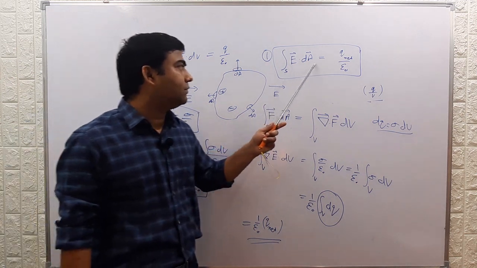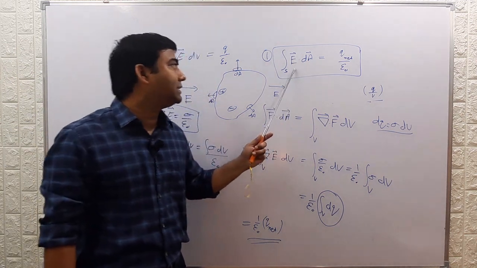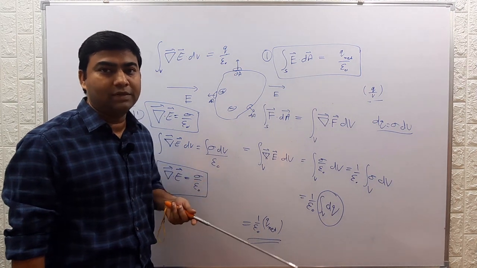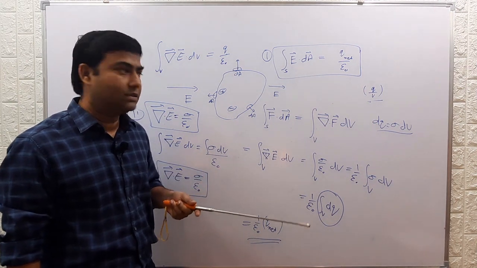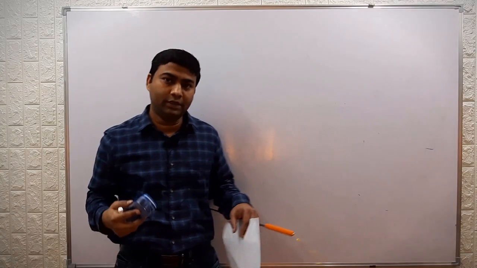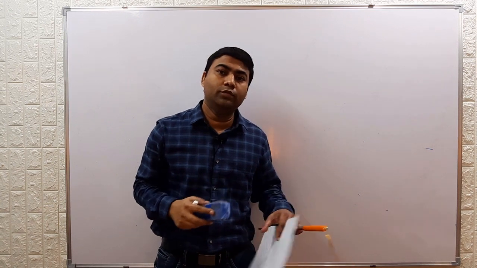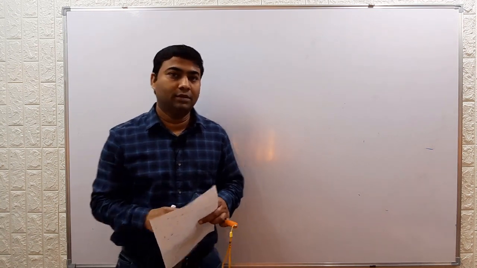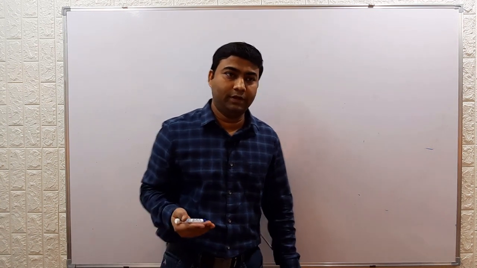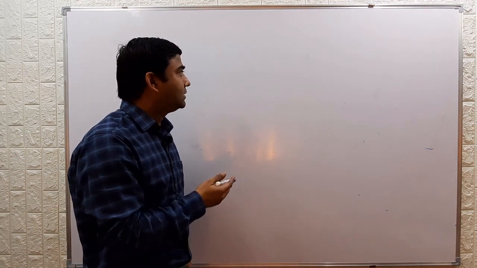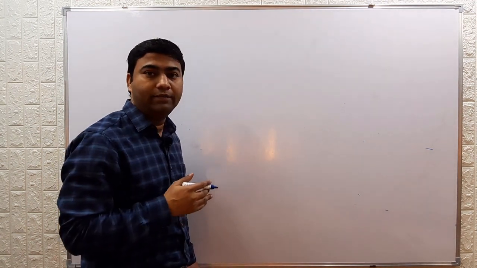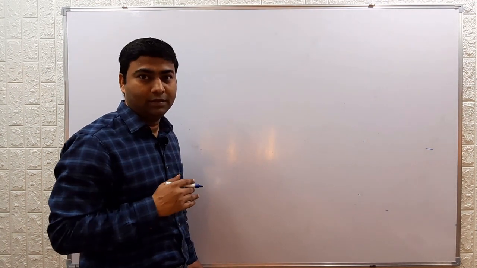Generally we will use the integral form to find the electric field, as we will discuss in later chapters. The Gauss divergence theorem is a universal theorem, and it holds true for any field, not only the electric field. So we will see how Gauss's law can be used for the gravitational field.